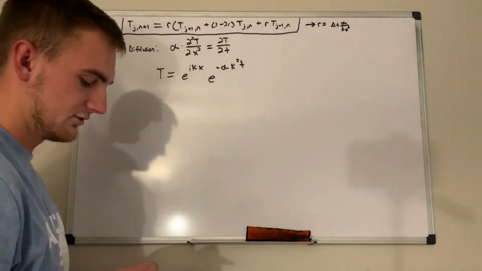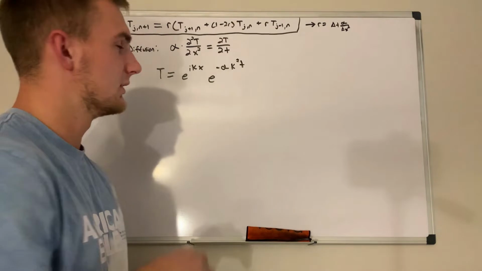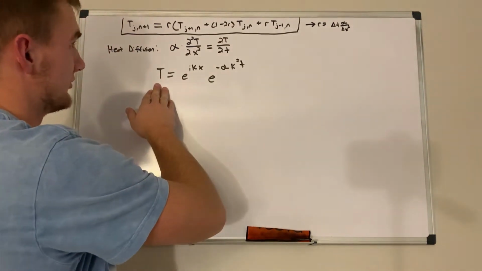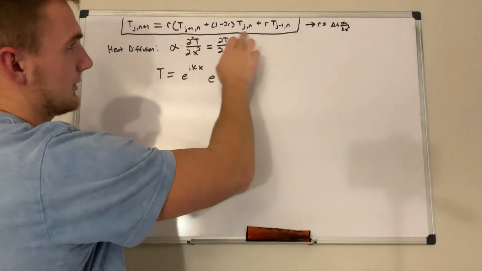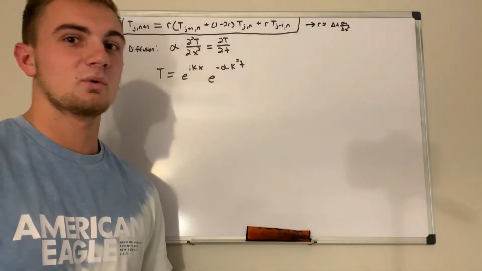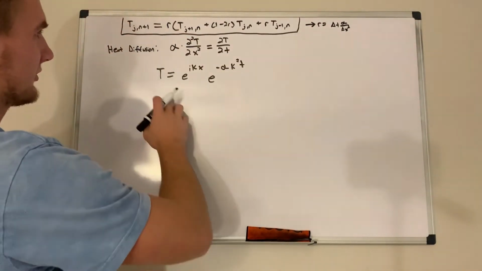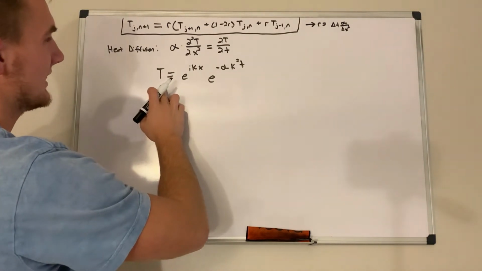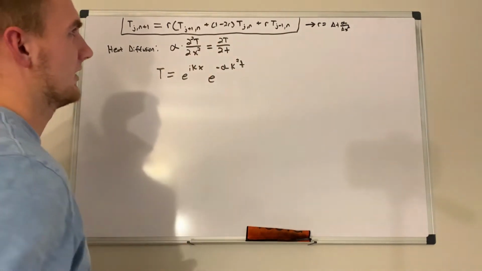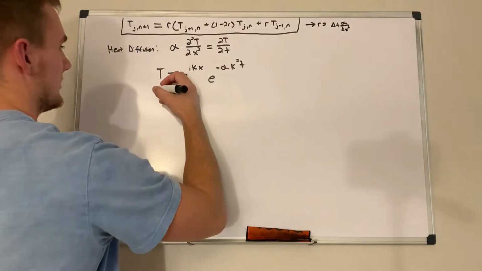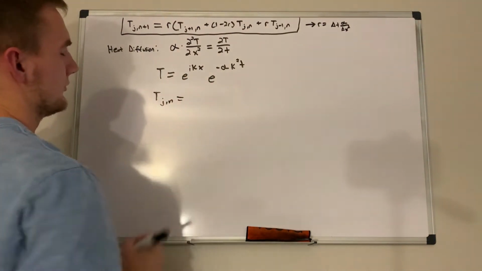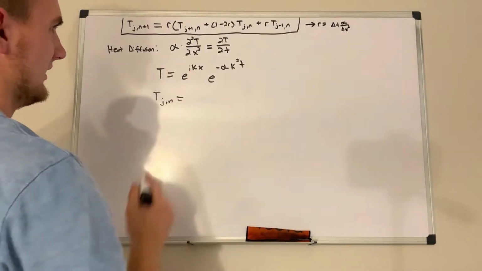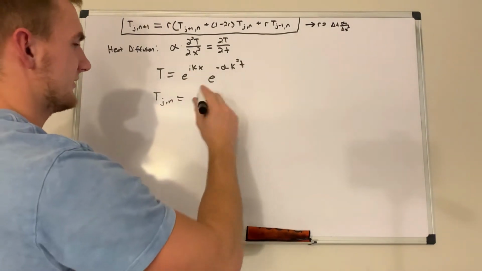What we're going to do is transform this solution and put it in terms of the temperatures that we have expressed in our equation above. So if we want to express this as Tj at time step n, we notice that we will have to change this x as well as this t.